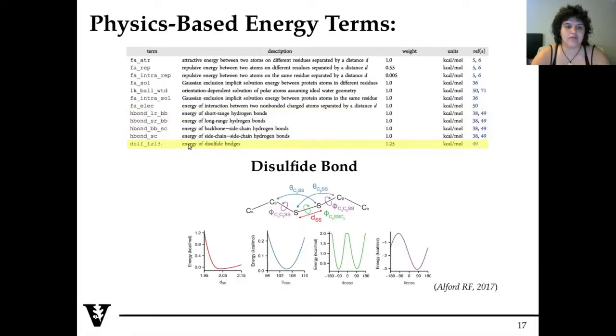We have a term for the disulfide bridge, because as you know, the disulfide is a covalent bond, it's not a low energy interaction. We need to understand the distances and the angles and so on, and we have a term that will describe the disulfide as a disulfide and not as two individual systems that are close in space.